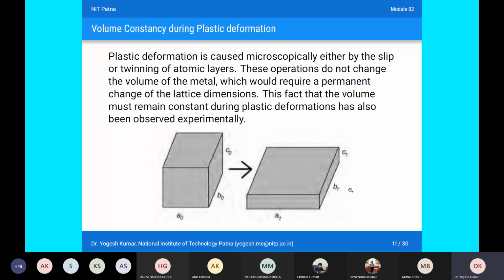You are increasing the width, that is B1, and you are decreasing the thickness or the height of your metal block, which is C1. Okay, so with the concept of volume constancy, we can say V0, your initial volume of your metal block, is equal to V1, that is the final volume of your metal block.